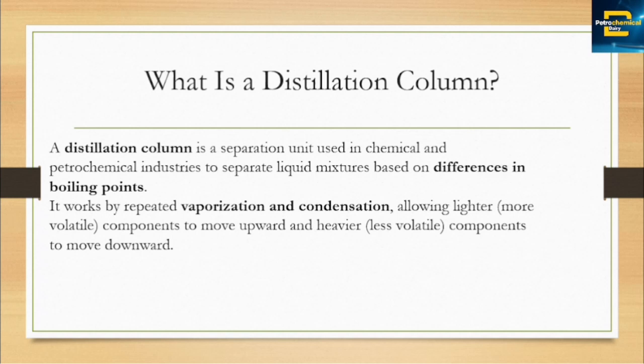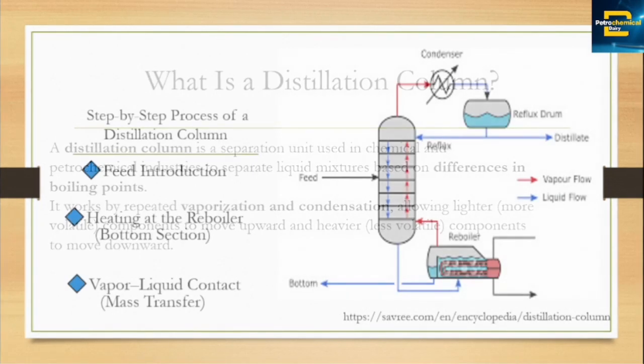It works by repeated vaporization and condensation, allowing lighter or more volatile components to move upward and heavier or less volatile components to move downward. Let's explain the distillation column in simple terms.